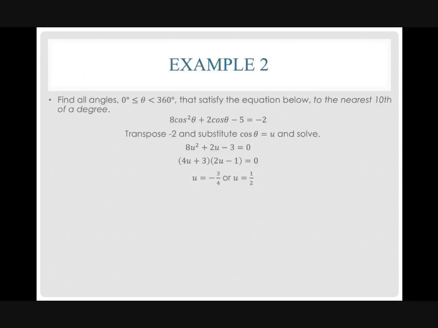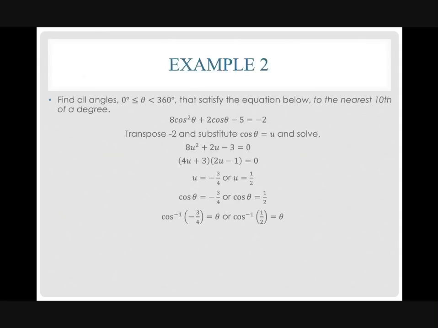And when we solve, we get that u is equal to -3/4 and u is equal to 1/2. We then use this information and replace u with cosine of theta. So now we're going to perform the inverse functions for -3/4 and also for 1/2. Now notice -3/4.